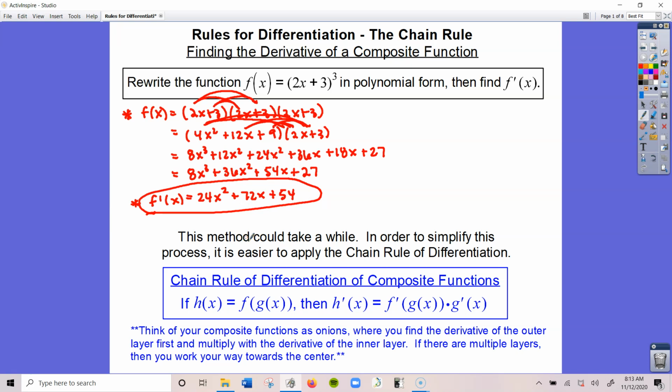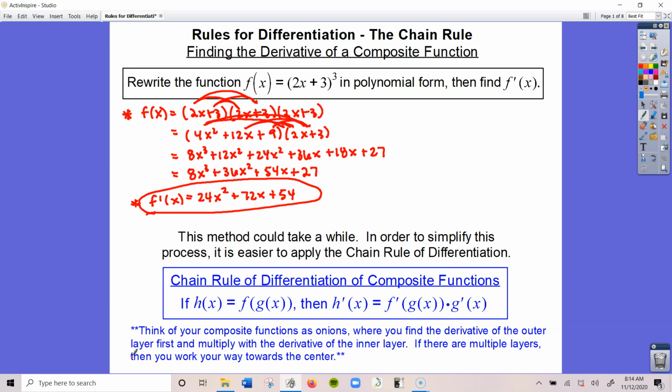So here, this is the chain rule of differentiation. If you have a function f of g of x, meaning that g of x is plugged inside of f of x, then the derivative would be f prime of g of x times the derivative of the inside, which would be g prime.